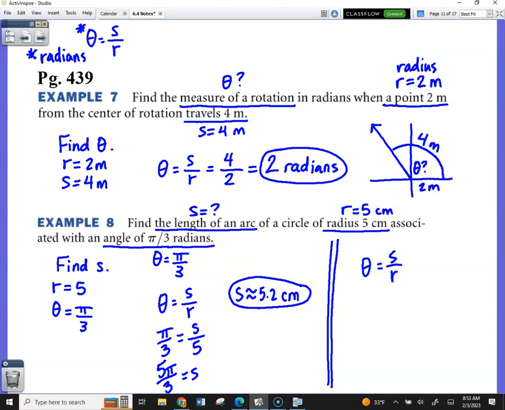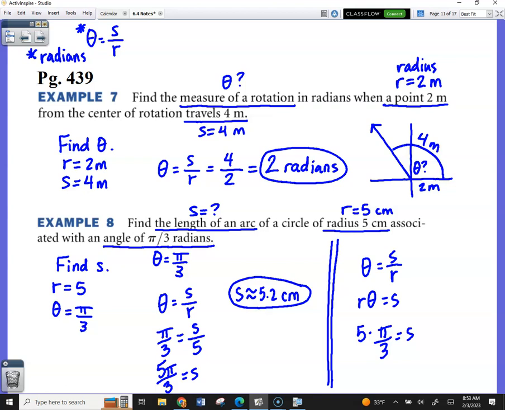So if I'm finding S, I can cross multiply the R over there, and then I can just plug in the radius is 5, theta is pi over 3. You still end up with the same thing. It's just you're doing the cross multiplying in the formula, not with the numbers. But you still end up with the same thing. Doesn't matter which way you go. Okay.